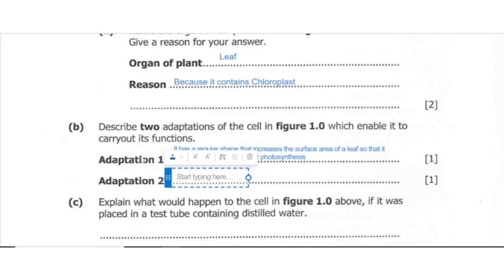So one of the adaptations is the presence of chloroplast, because chloroplast is the one which is directly involved in trapping sunlight. So the presence of chloroplast helps the leaf to carry out photosynthesis.